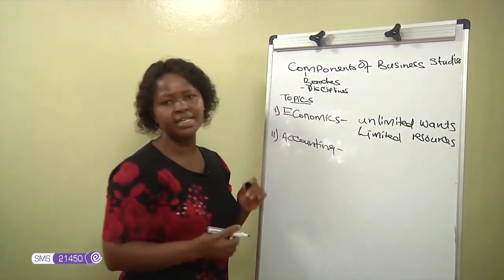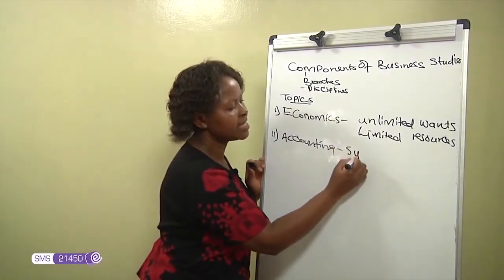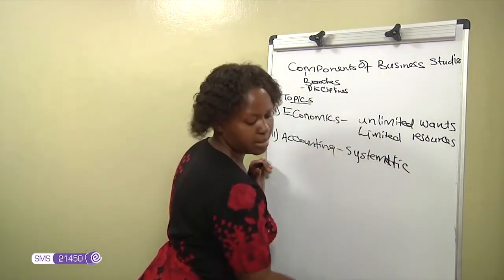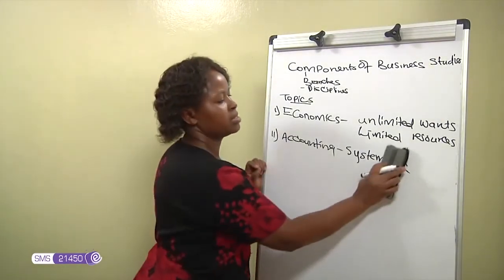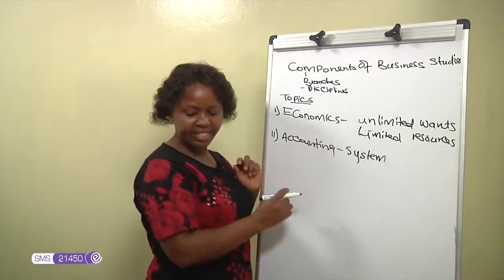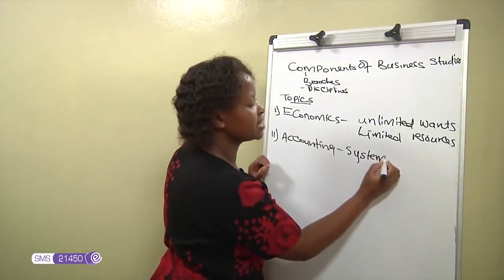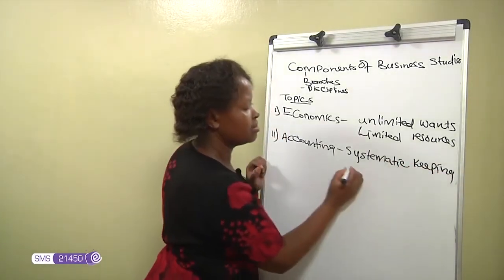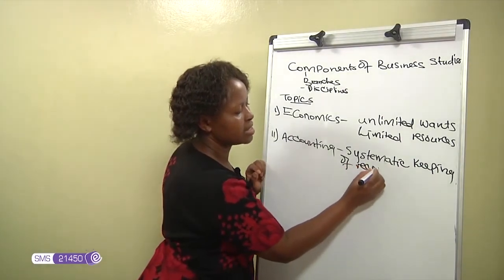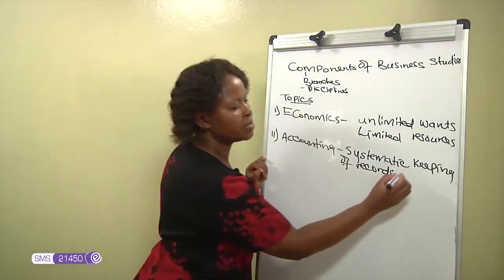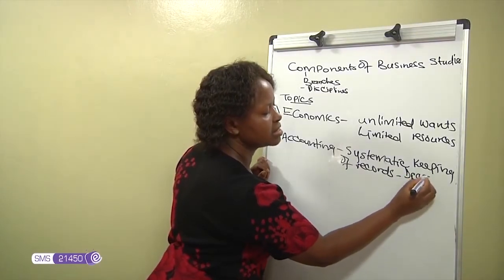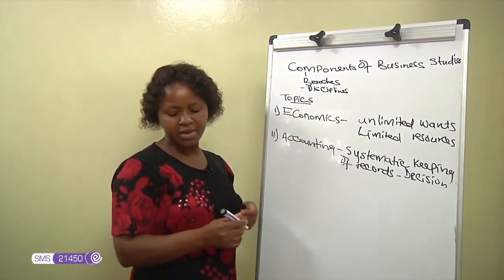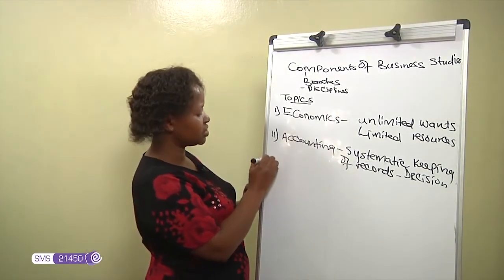Accounting is defined as the systematic recording of activities that take place in a business, the systematic keeping of records which are used for decision making. We can refer to these records for the purposes of making decisions in future.